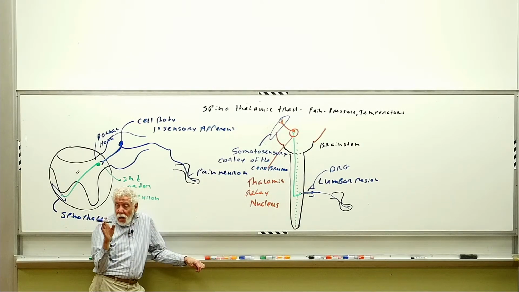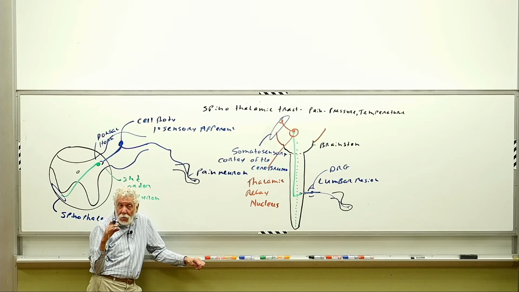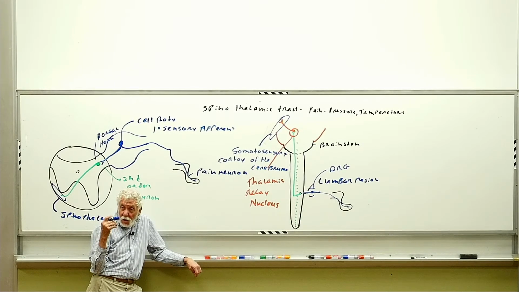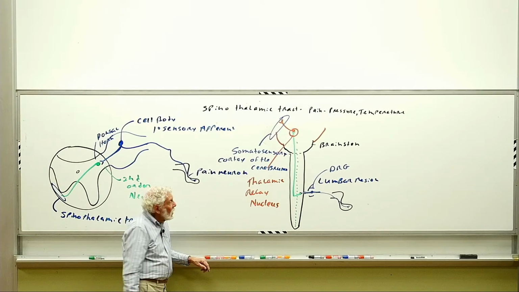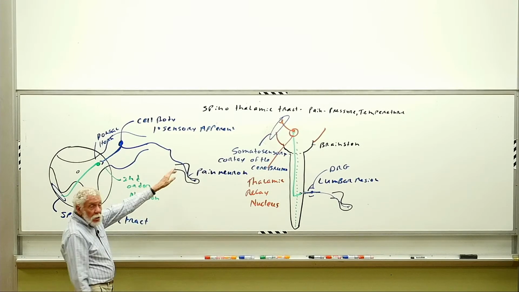So you see the pattern's the same, 1, 2, 3. 1 never crosses over, 2 always crosses over, forms synapses in the thalamus, thalamic neurons then synapse onto neurons in the somatosensory cortex. So any questions up to here?